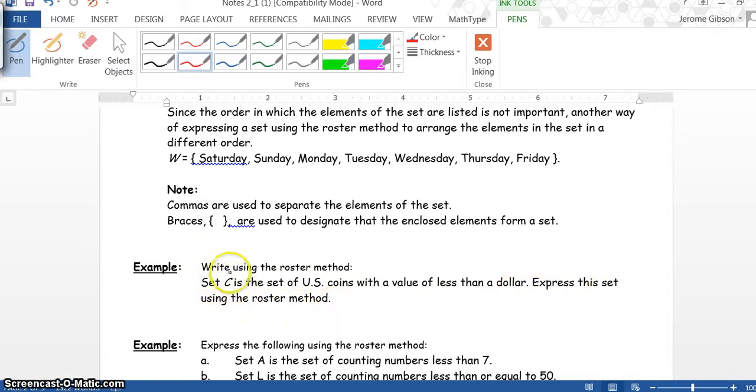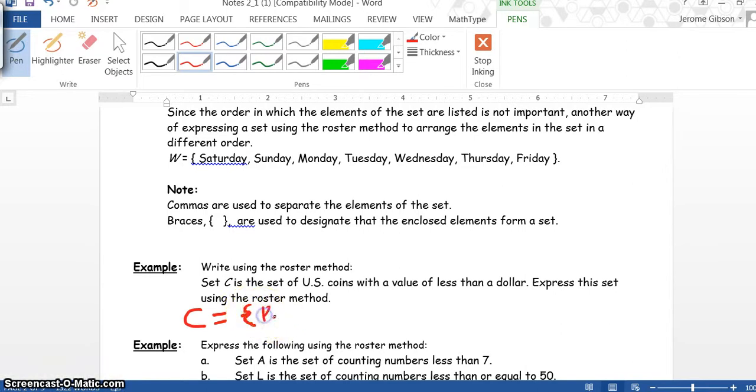Now using a roster method, remember, we use the capital C, and we set it equal to, and we will have our brace. Now, the first one, we could just go in order, but you don't have to.